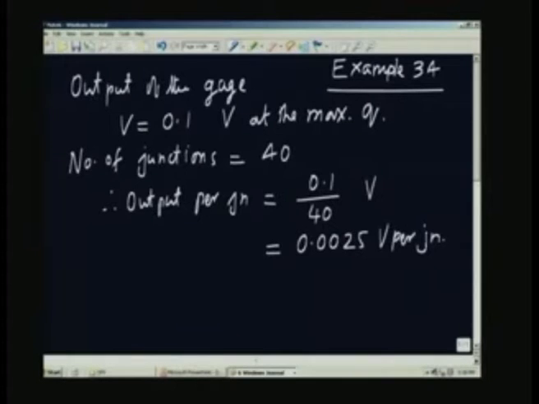Or is it 0.025? Per junction, the voltage developed is 0.025 volt per junction.